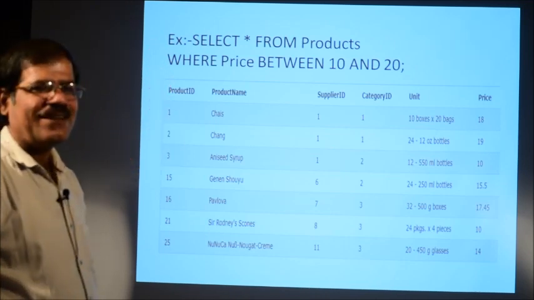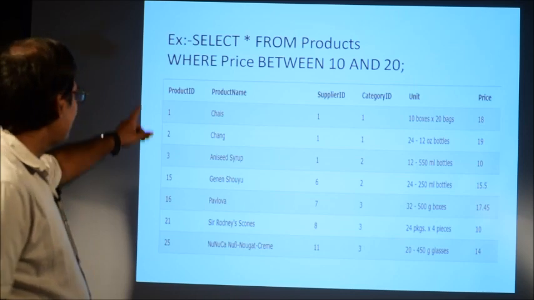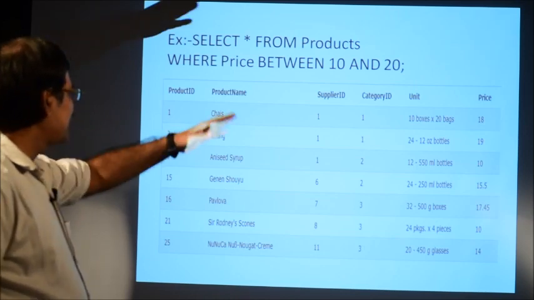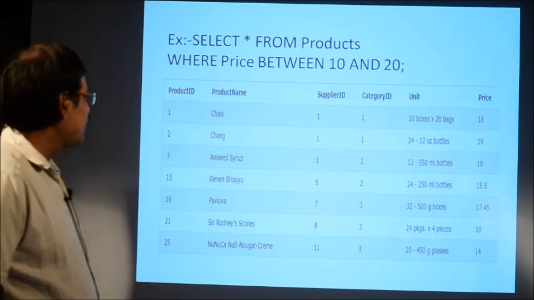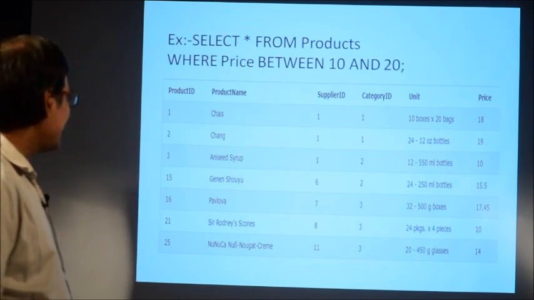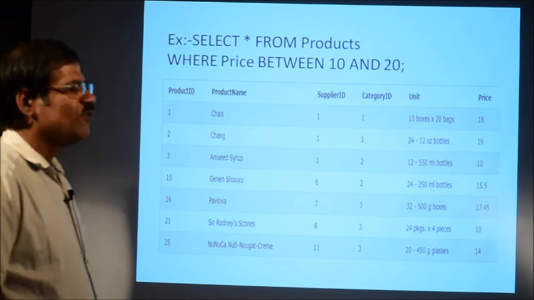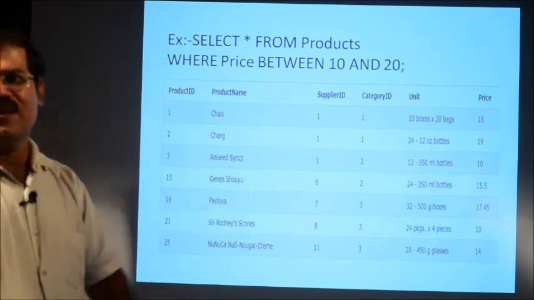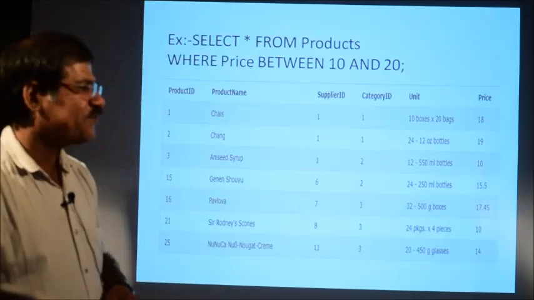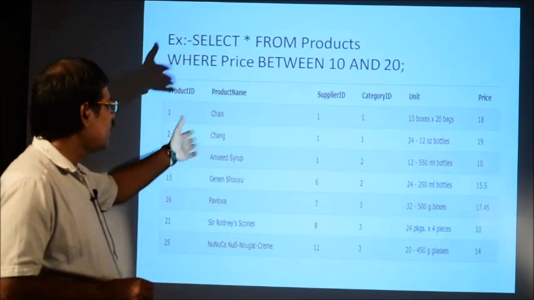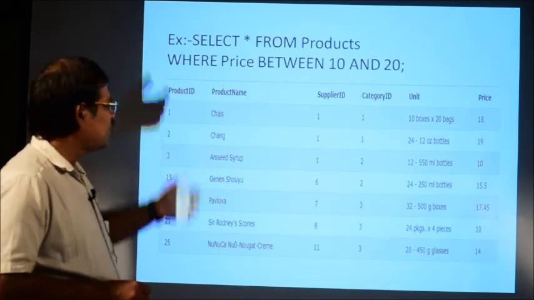So what is your result? The result will show only the product name, not all the fields. Chais, Chang, all these product name values will be displayed, and not the other attributes or fields. If you want to display all the attributes, that is why you write star.